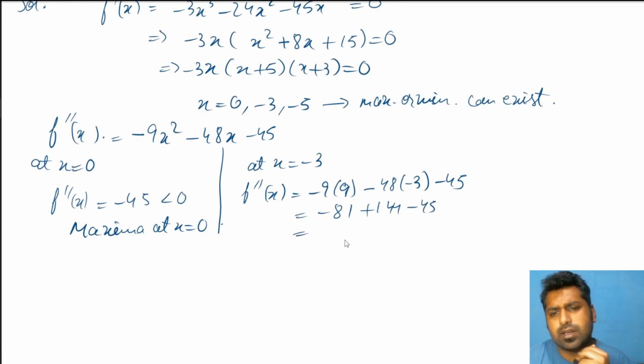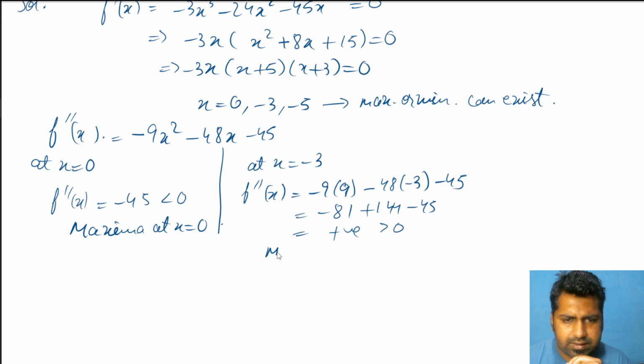So this value comes out to be positive, 80, 40, 120, still nowhere close to the 144. Positive means greater than 0. If it is greater than 0, definitely that means minima. Minima at x equal to minus 3.